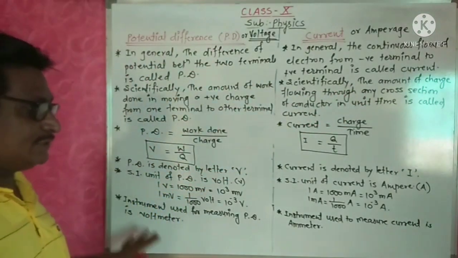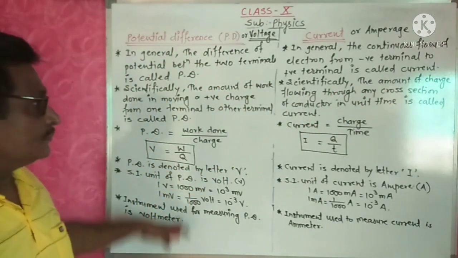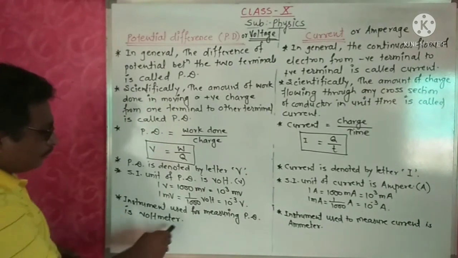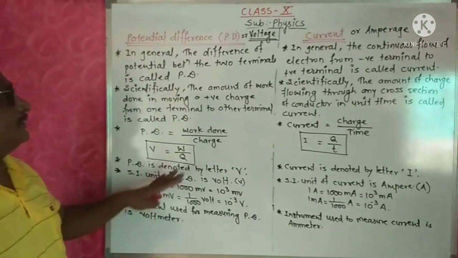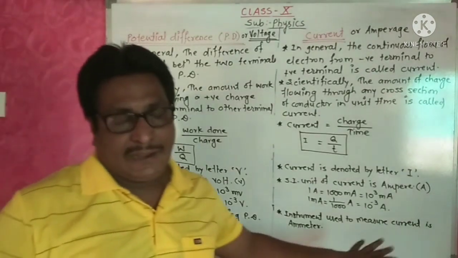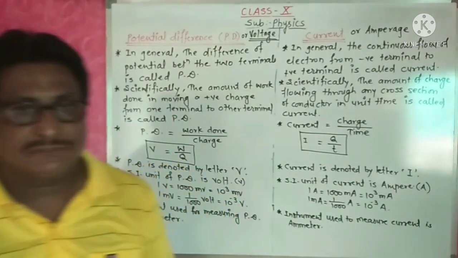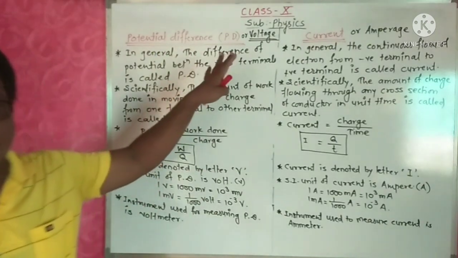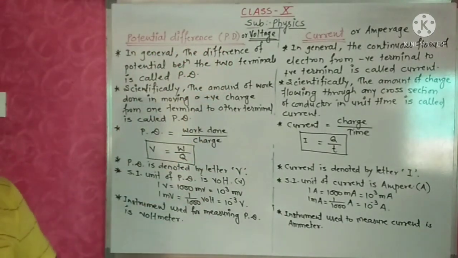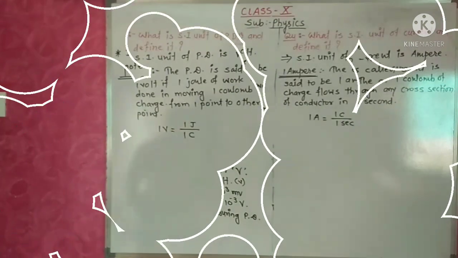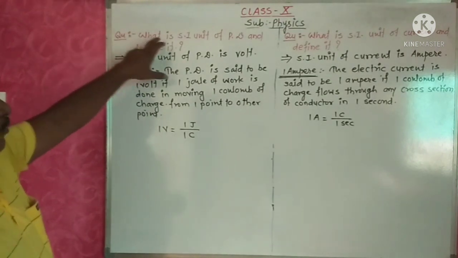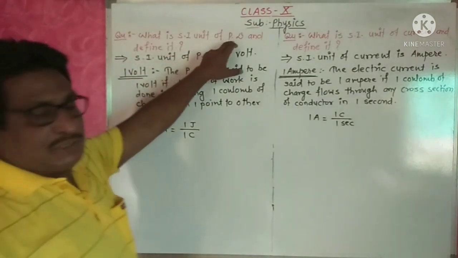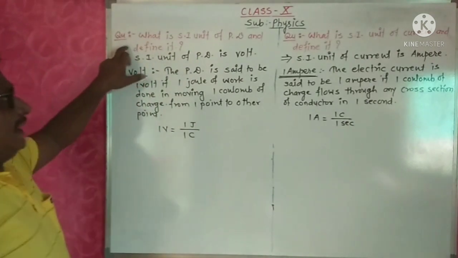Hope you understand this, student. Now voltmeter and ammeter came, so we will discuss the difference between voltmeter and ammeter. Now in the exam, the question will be asked like this: What is the SI unit of potential difference? And define it.